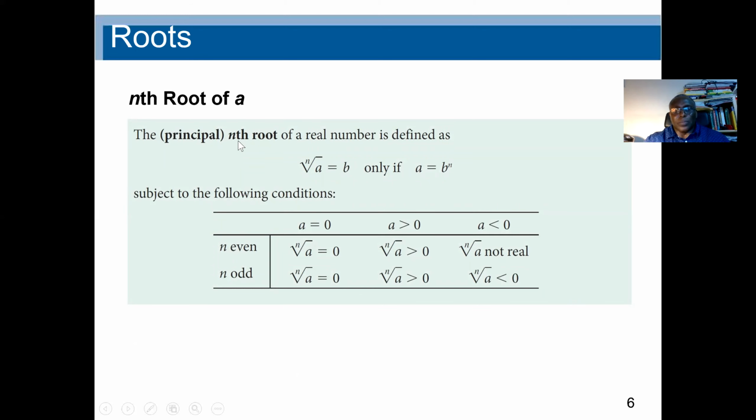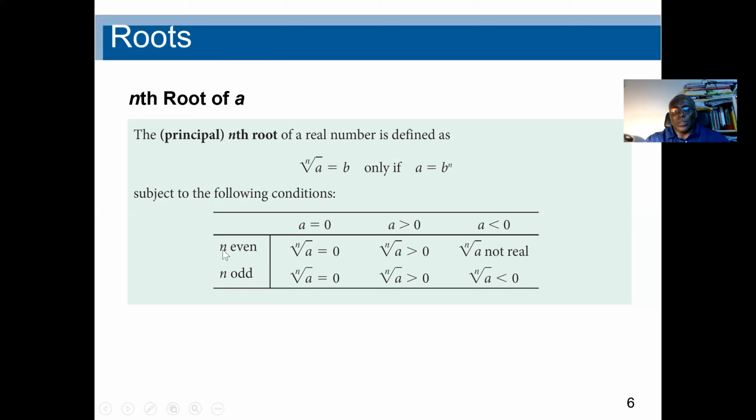And the principal nth root of a real number is defined as root n a equal to b. This is only if a equal to b to the power n. Example again using the 3. If I have a cube root of 8, the answer will be 2. Why? Because 2 raised to the power 3 is 8. And that's the rule here.